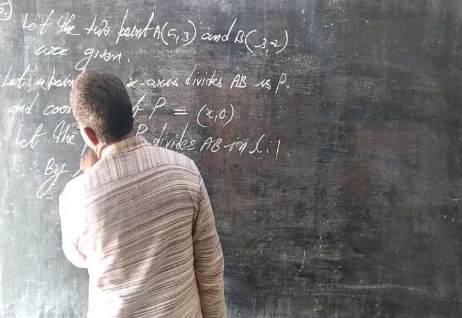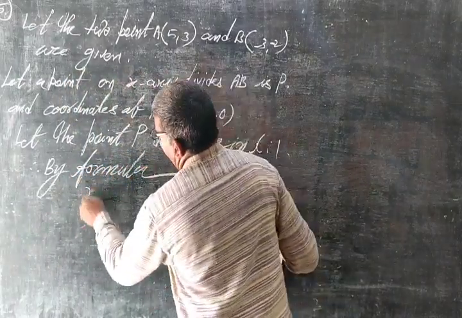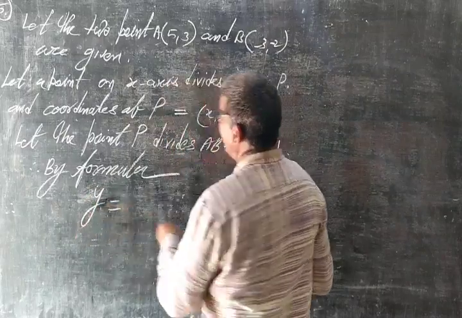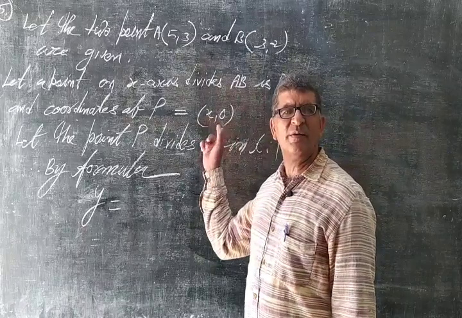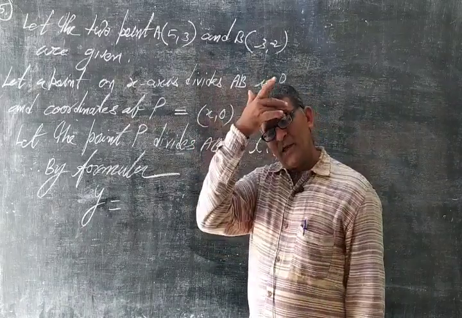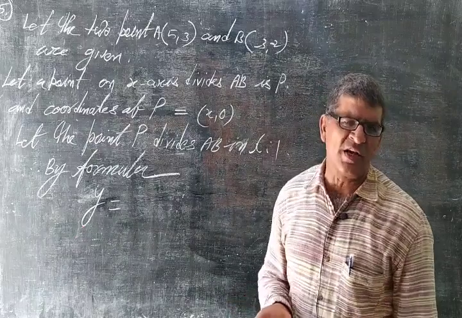Therefore, by formula, y equal to. Why have I taken the y coordinate? Because the x coordinate is unknown, but the y coordinate is given. If the y coordinate is given, then we have only the ratio which is unknown.